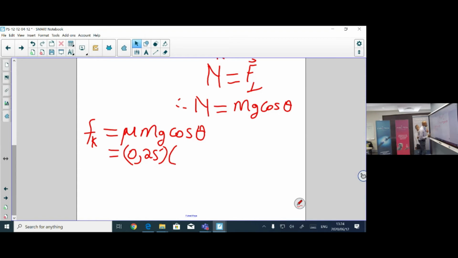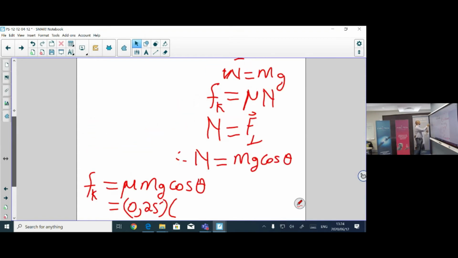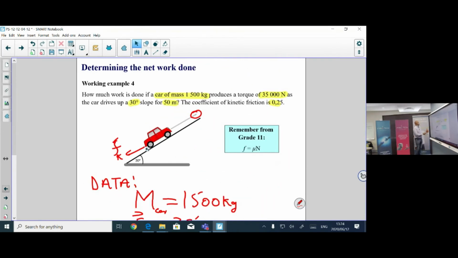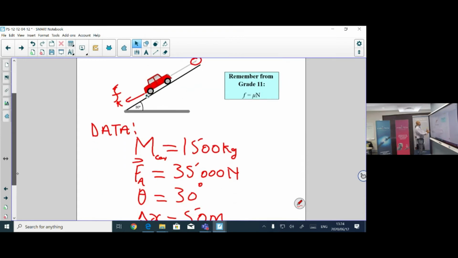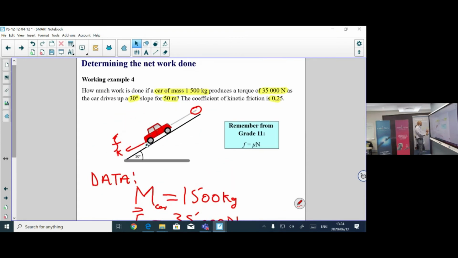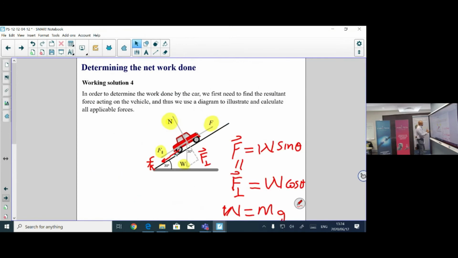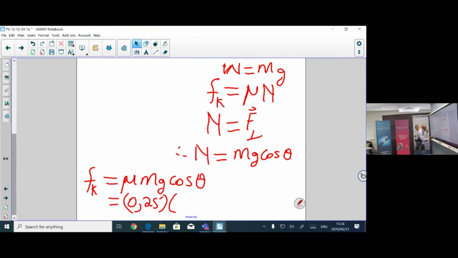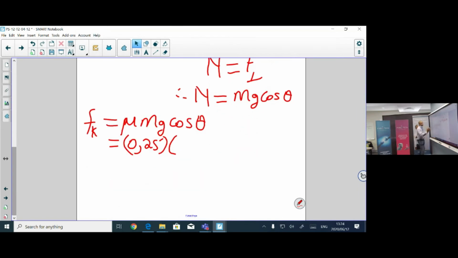Okay, now we have to look at the mass. The mass of the car has been given: 1,500 kilograms.